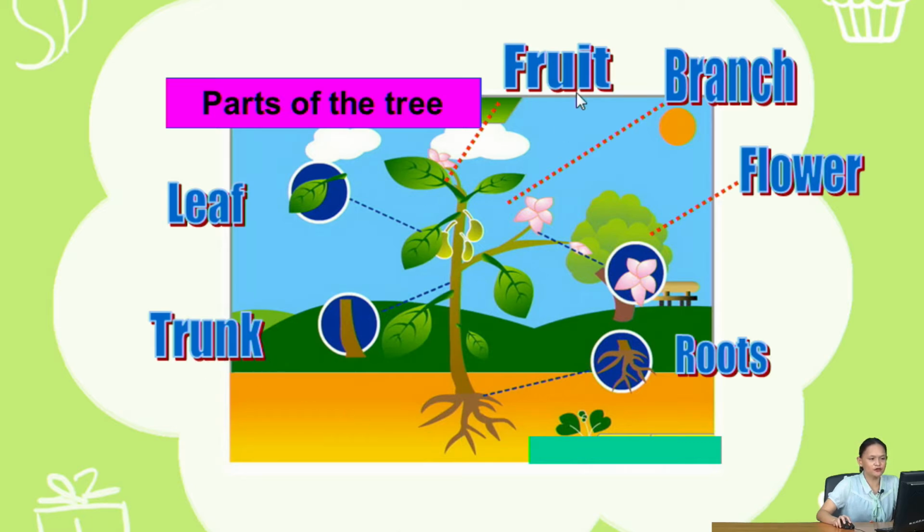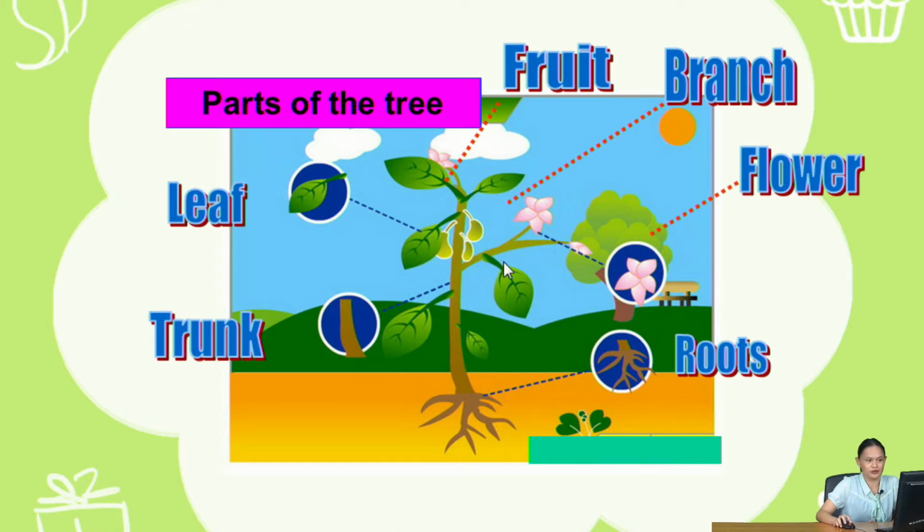Let's go to the fruit. Fruit of a tree. This one. Next is the branch. So that is a branch. This one, the brown one.